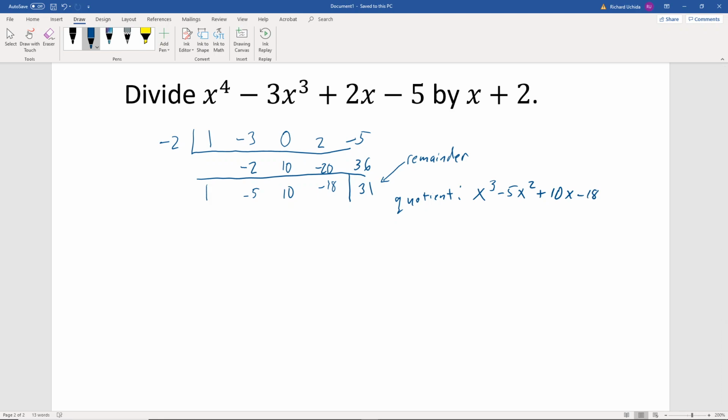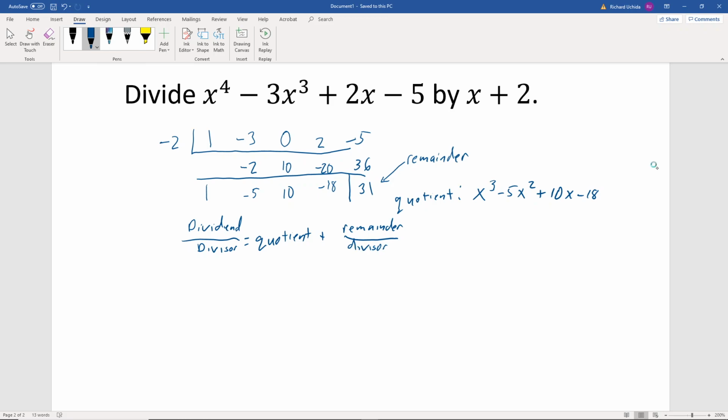Now, one thing to remember, what the division algorithm states is that when you divide your dividend by your divisor, that's equal to your quotient plus the remainder divided by the divisor.